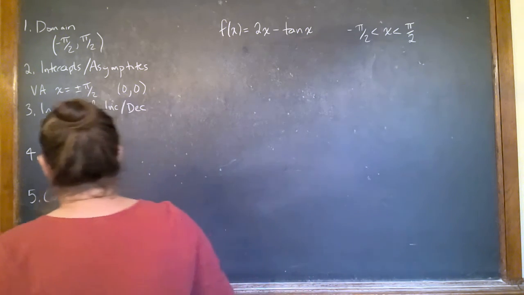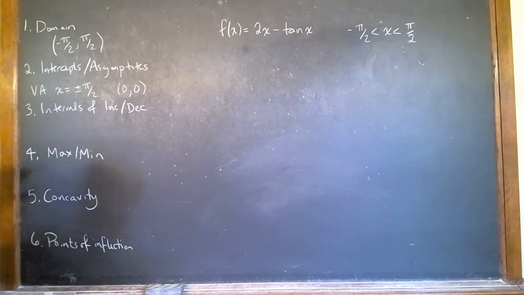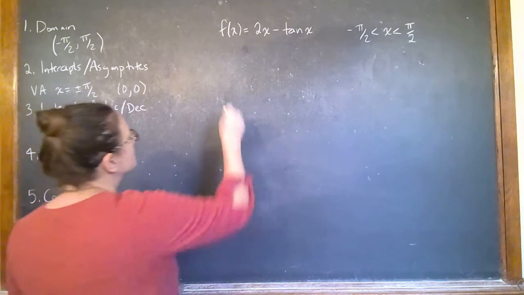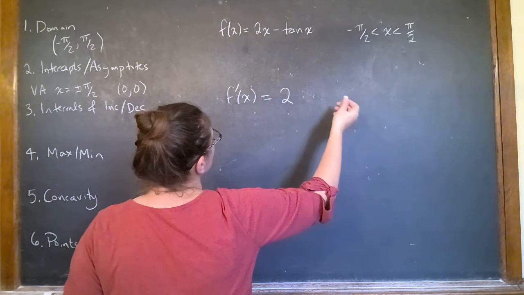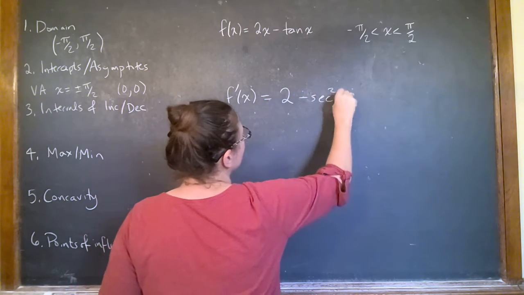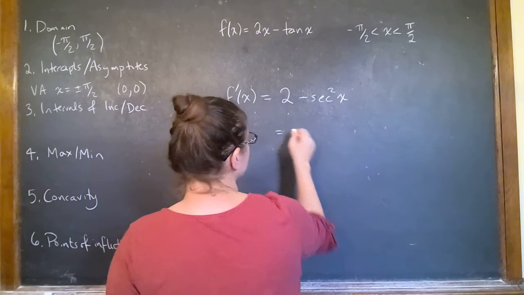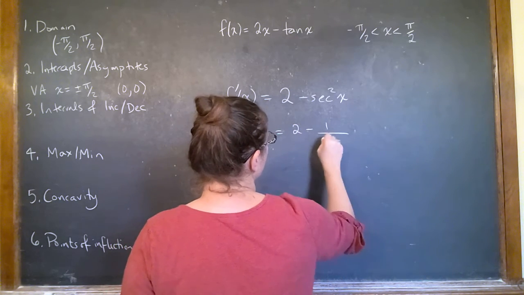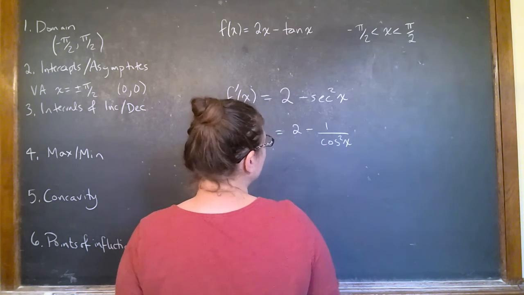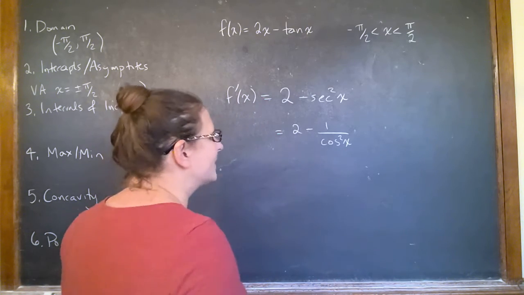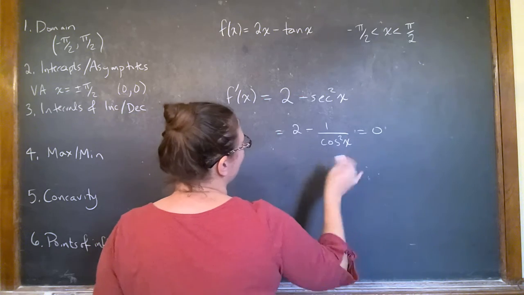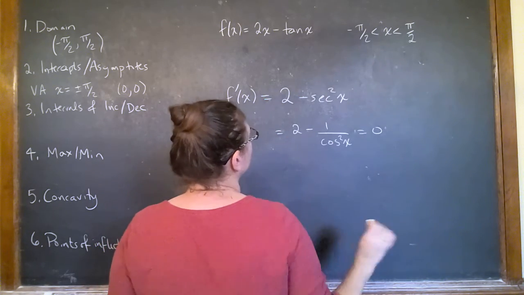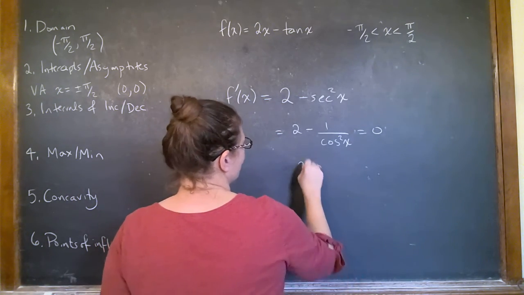Okay, so next we're going to go for our intervals of increase and decrease, and the maxes and mins. So if I take the derivative, the derivative of tangent is secant squared, so this would be 2 minus 1 over cosine squared x. And so I want to find out where this is equal to 0. And of course, where it isn't defined, but we already know those: pi over 2 and minus pi over 2.